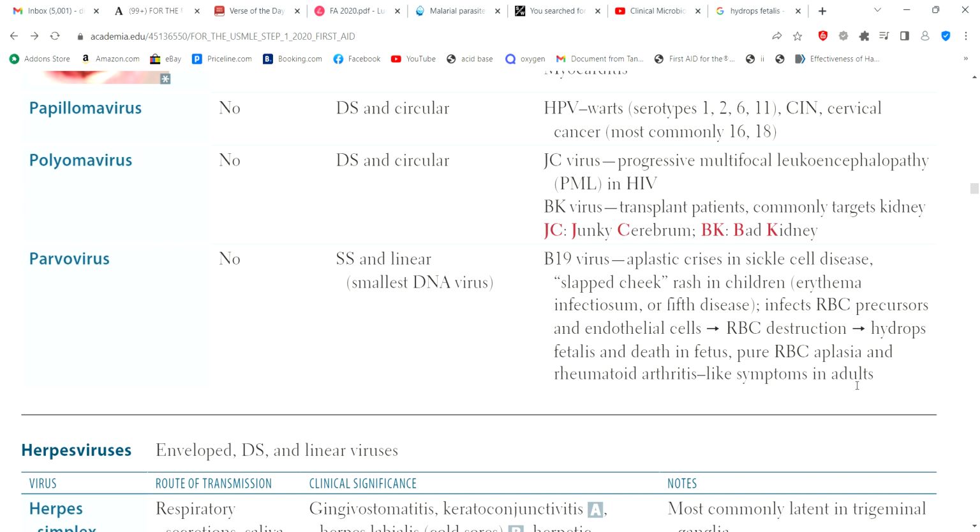RBC aplasia and rheumatoid arthritis-like symptoms in the adults. RBC aplasia is when the bone marrow doesn't make enough RBCs.